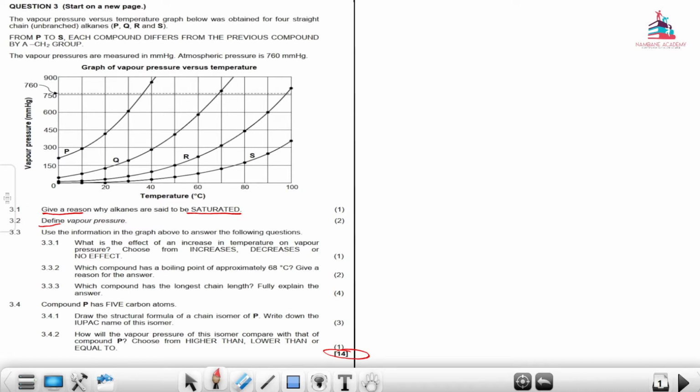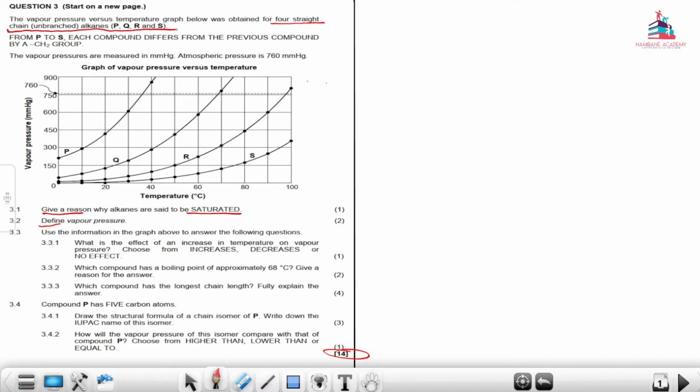But now for me to understand fully, I must read my stem and my question and exactly analyze what the graph says. So I'm going to read this again. The vapor pressure versus temperature graph below was obtained for 4 chain unbranched alkanes.